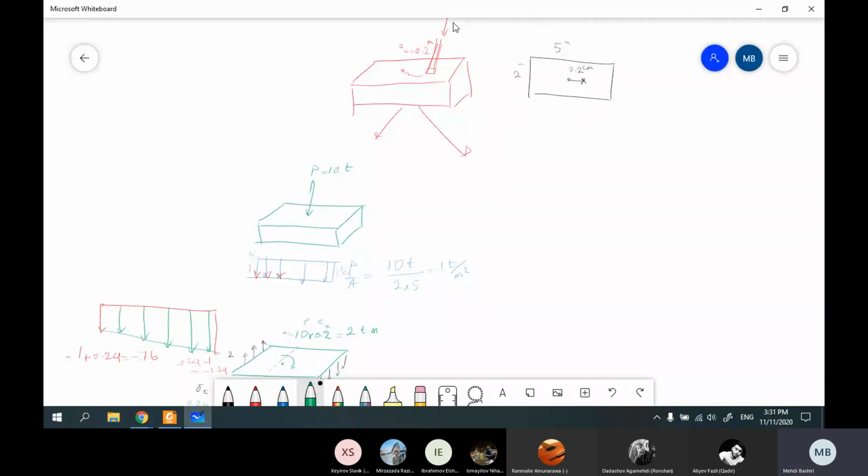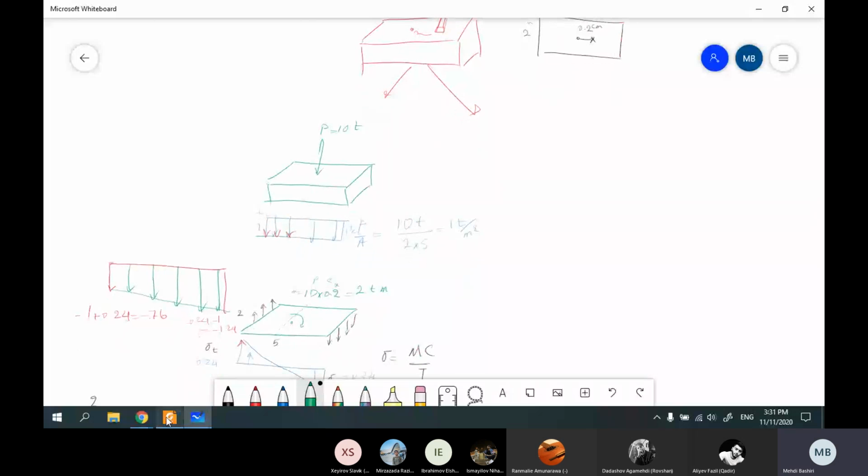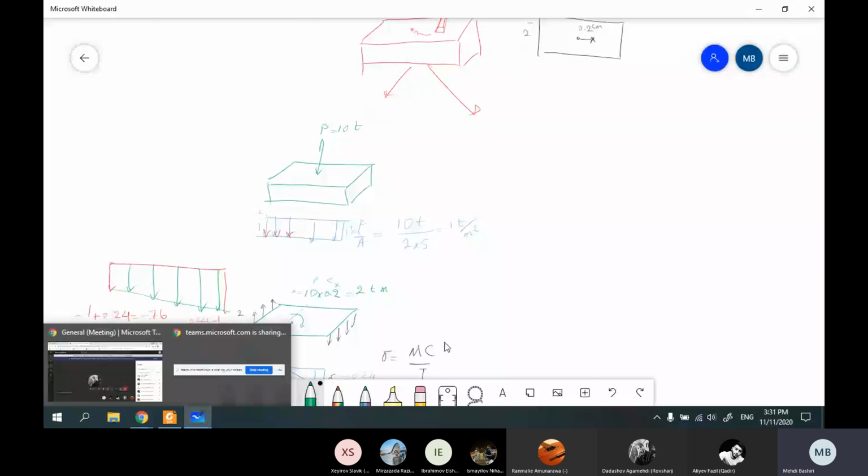But when you have eccentric foundations, the distribution is something like this. Do you have any problem? Did you understand this part? I mean the superposition.